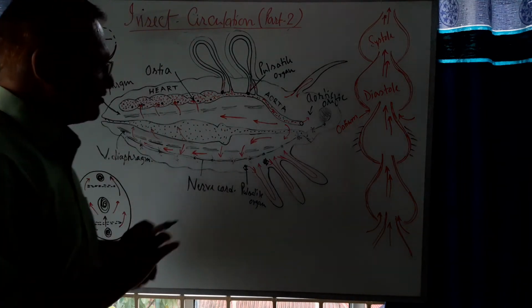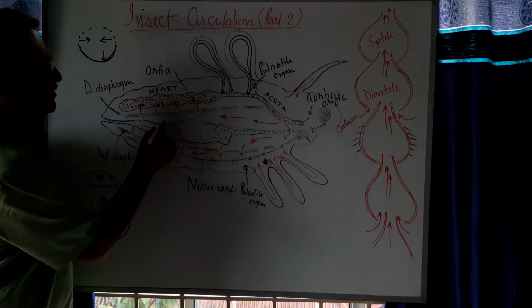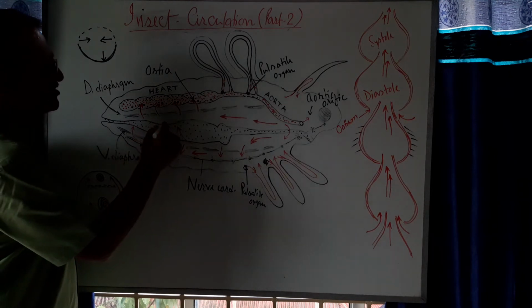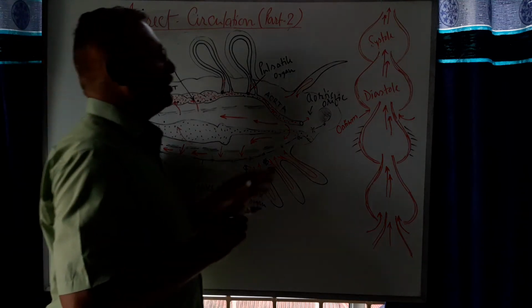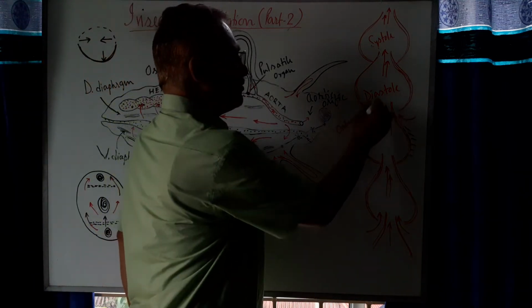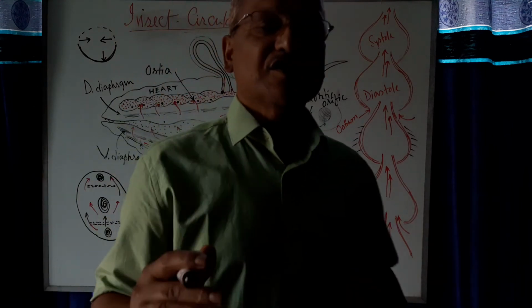So some amount of blood must be moved from the visceral sinus to the pericardial sinus, and this blood enters into the heart through the incurrent ostia.